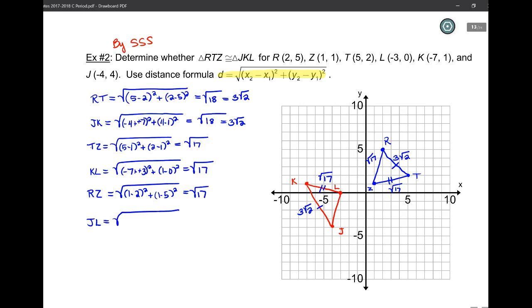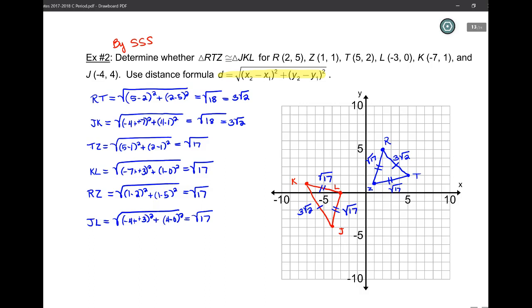And so JL is going to be -4 minus -3 squared, and then 4 minus 0 squared. So this is going to give us a -1 squared, so that's 1, plus 4 squared, 16. So we get square root of 17, which actually means that we have an isosceles triangle here, but they happen to be congruent.